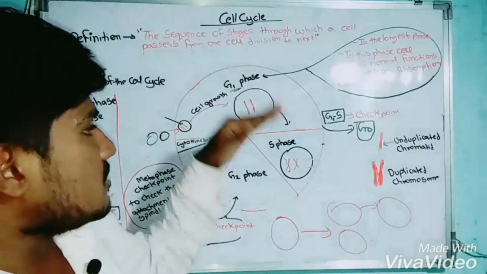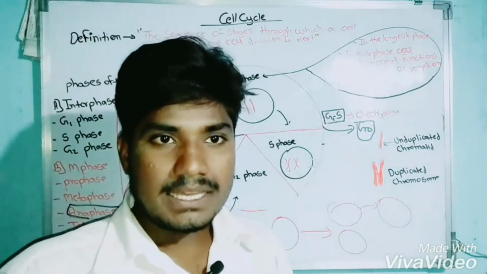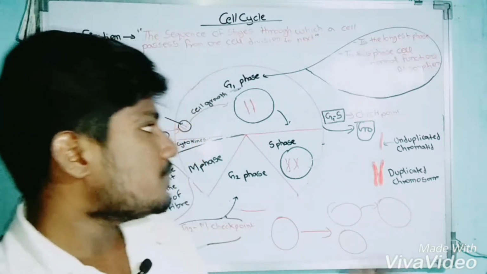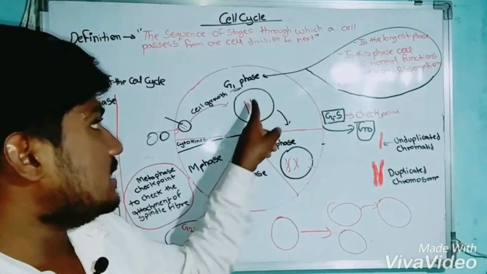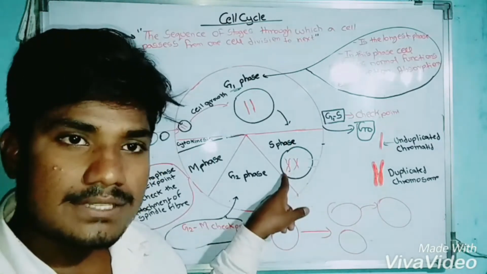Okay, so after G1 phase, the cell will enter into the S phase. In S phase, DNA replication takes place and the unduplicated chromatid which was present in G1 phase will be duplicated in S phase.